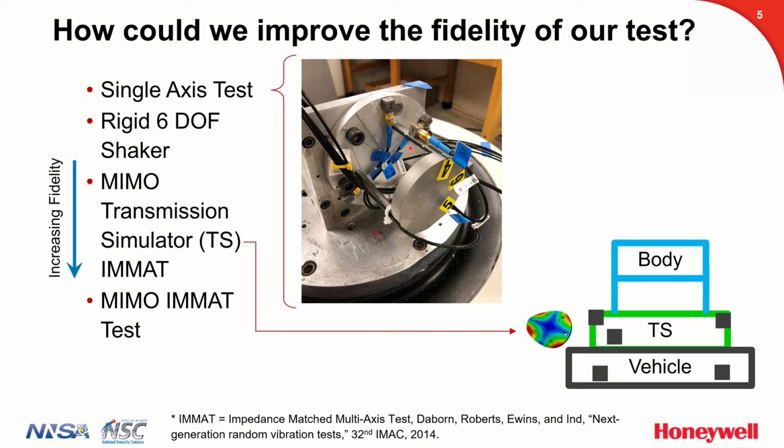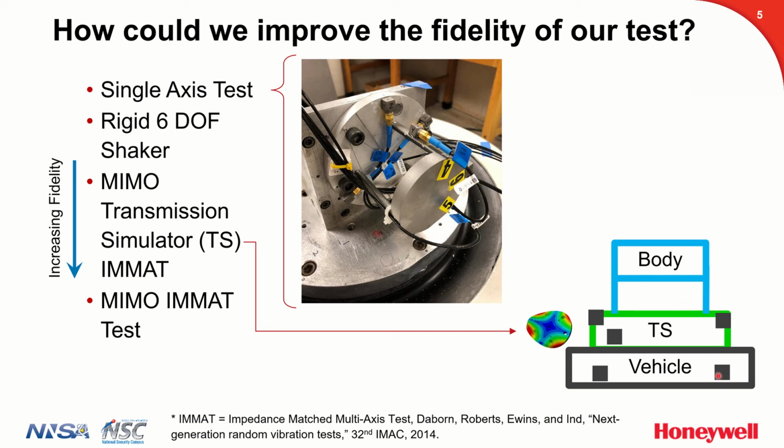So what do we do if even that isn't an accurate enough approach? Well, there are two methods that we've been working on. The one that we're responsible for we call the multi-input, multi-output transmission simulator, or MIMAT method.